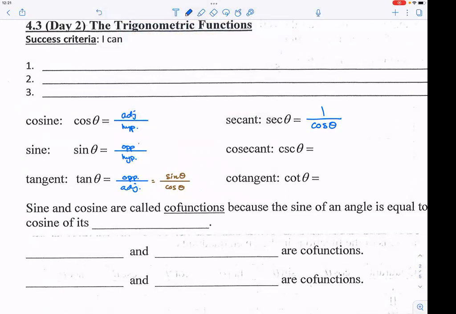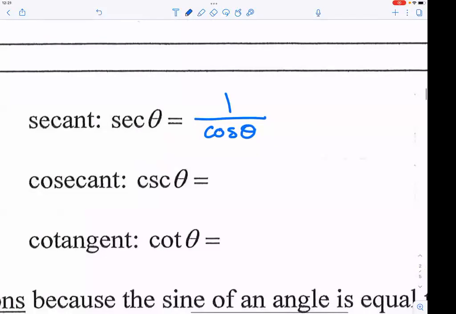Okay, and what do we call this kind of relationship between secant theta and cosine theta? How many of you say inverse? Any other suggestions? Now, whenever I ask this question, like what's the relationship between cosine and secant? Most of the time I heard inverse.